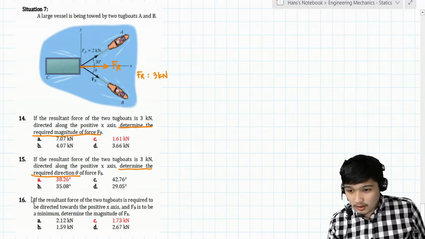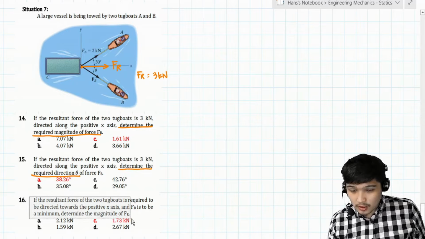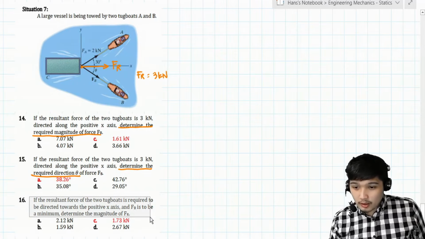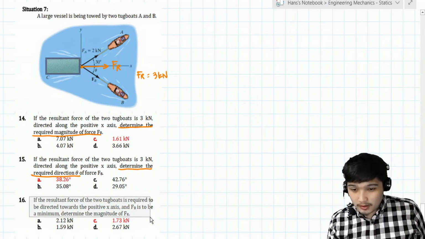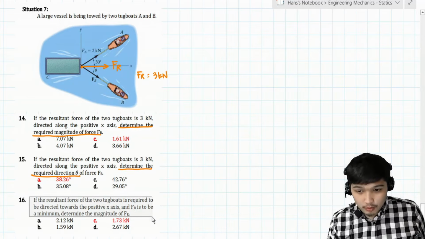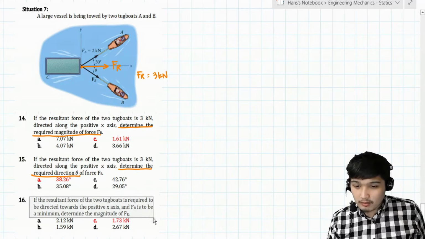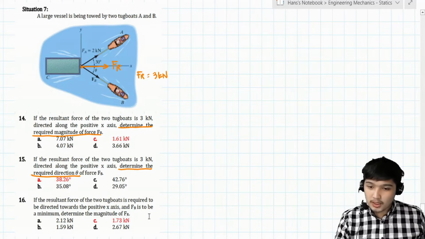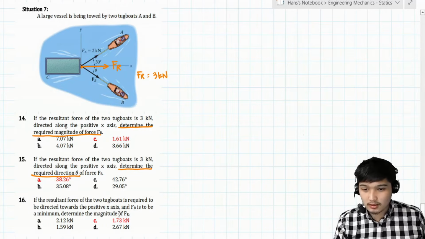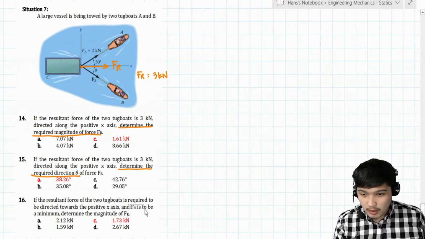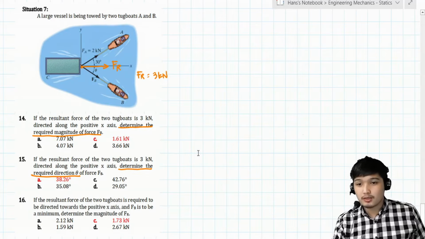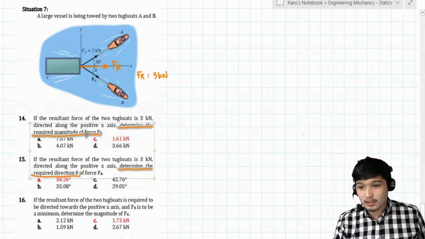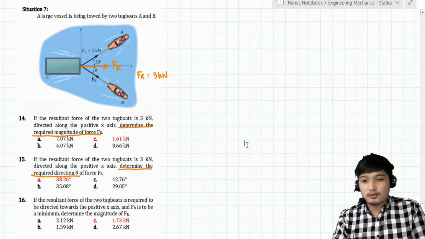So, next, if the resultant force of the two tugboats is required to be directed towards the positive x-axis and FB is to be a minimum, so determine the magnitude of FR. Okay, so dito class, walang binigay na magnitude ng resultant, pero gusto niya minimize yung value ng FB. So parang magka-calculus yata tayo dito ah. So anyways, dito muna tayo sa dalawang una, 14 and 15.